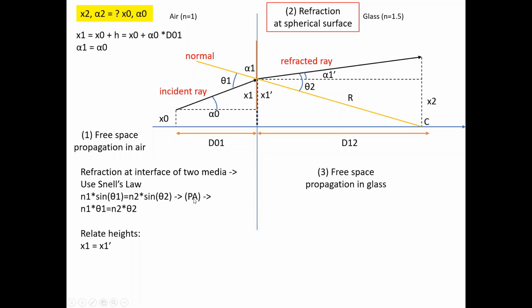Now we remember our paraxial approximation. So sine theta 1 becomes theta 1, sine theta 2 becomes theta 2. So the equation becomes n1 theta 1 equals n2 theta 2. Second, we relate the heights. Heights are the same because it's at the same point. So x1 prime equals x1. Okay.